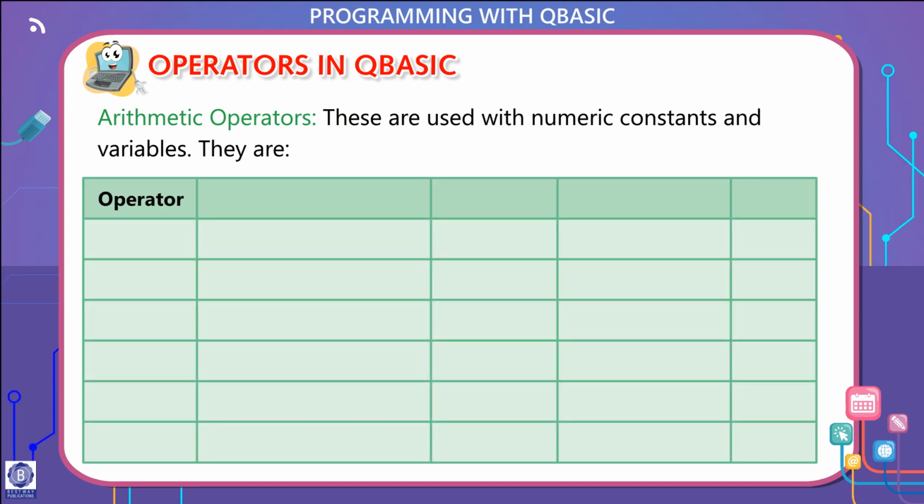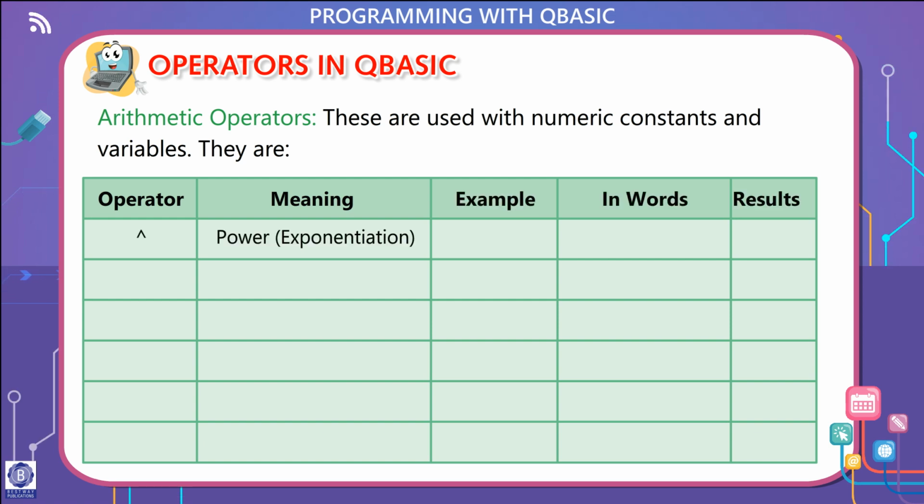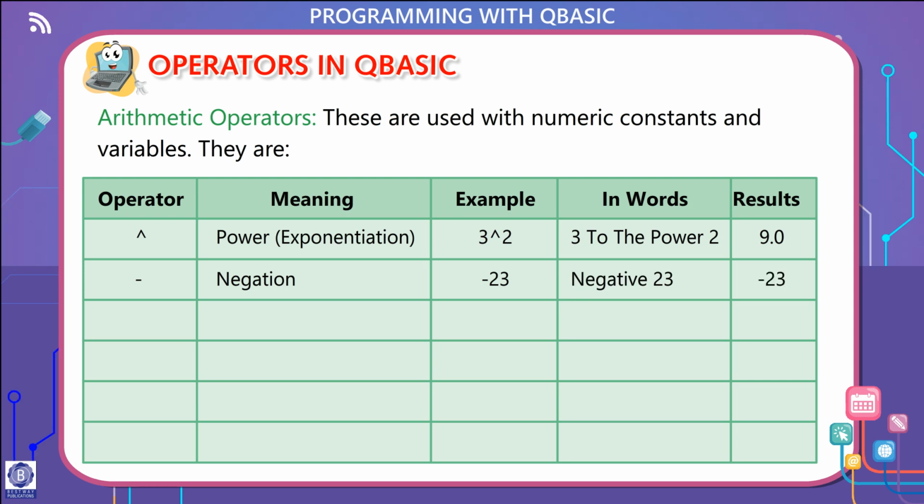Arithmetic operators are used with numeric constants and variables. The columns are operator, meaning, example, in words, and result. Exponential, power or exponentiation: 3 exponential 2, 3 to the power 2, is 9. Dash, negation: minus 23, negative 23. Asterisk, multiply: 1.5 asterisk 8, 1.5 times 8, is 12.